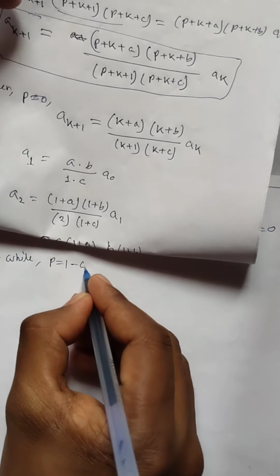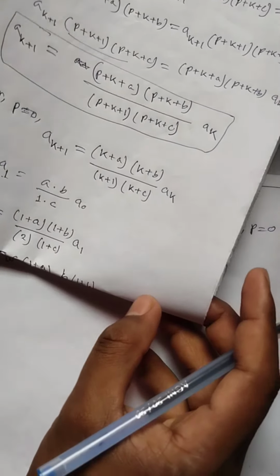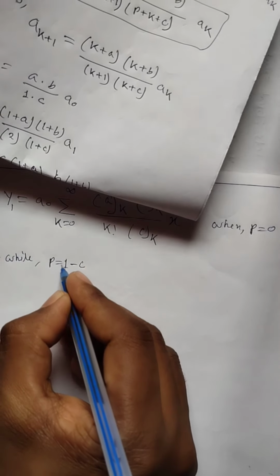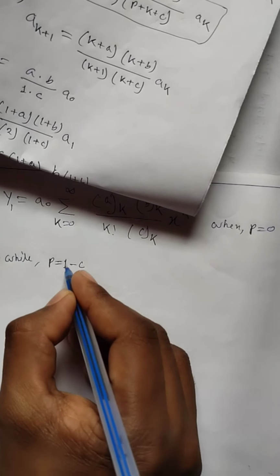Sorry, 1 minus c, because previously we got one solution of p is 0 and another solution is 1 minus c.